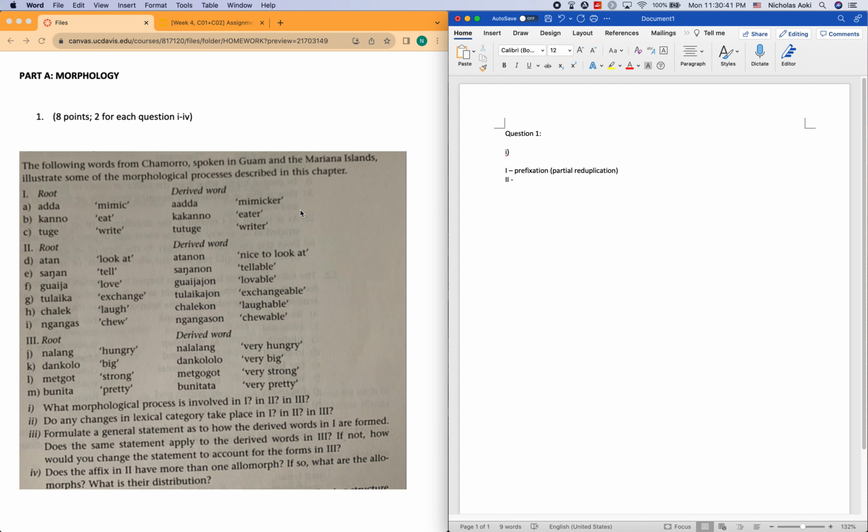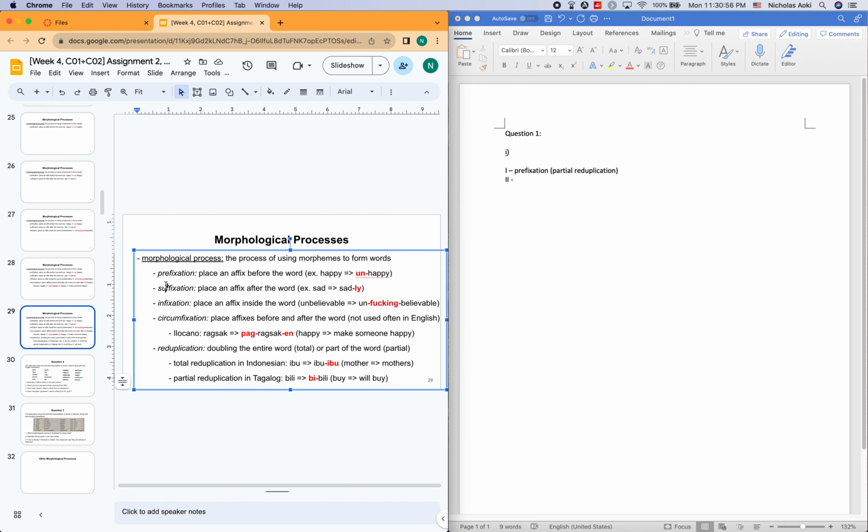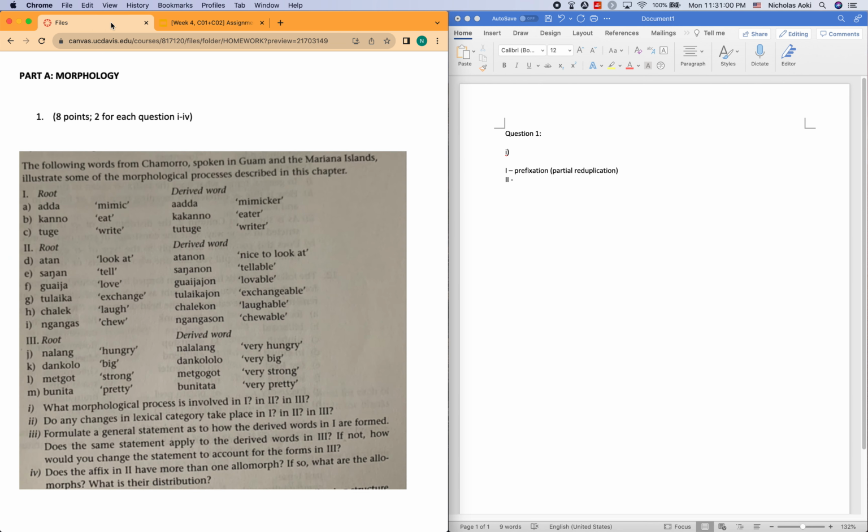What about number 2? So here we have the roots atan, sanyan. We're not doubling any syllables, but note that we're adding on or jon to the end of it. Recall that suffixation was placing an affix after the word. So the answer in 2 would be suffixation. Finally, number 3.